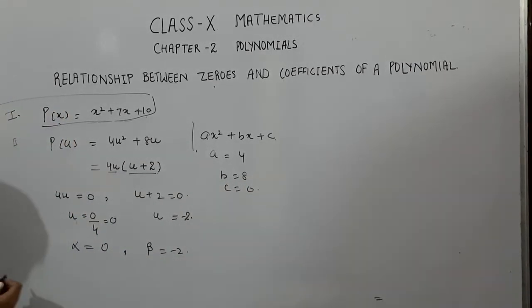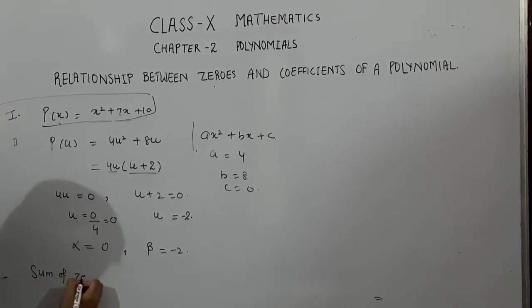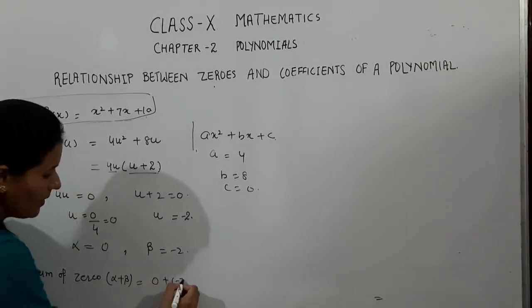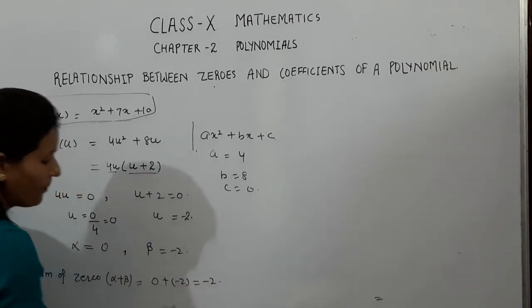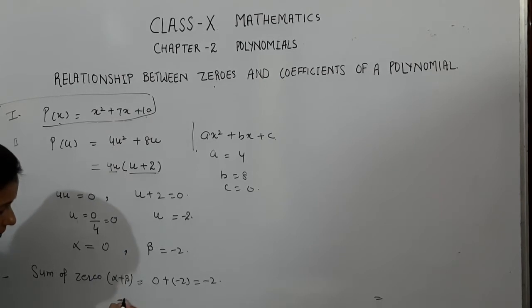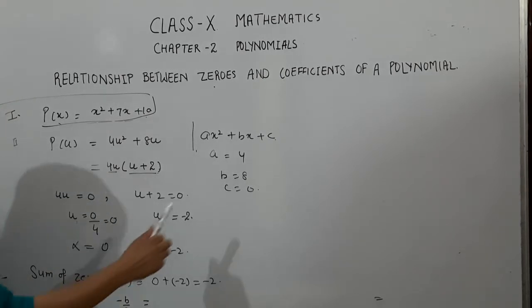Now the sum of zeros, alpha plus beta. It means we have to add 0 plus minus 2, which equals minus 2 only. And what is our minus b upon a?